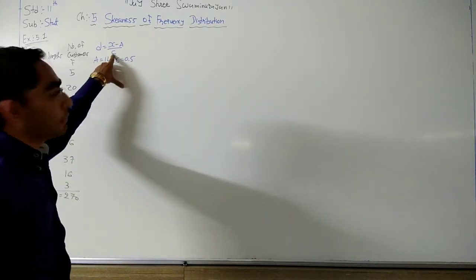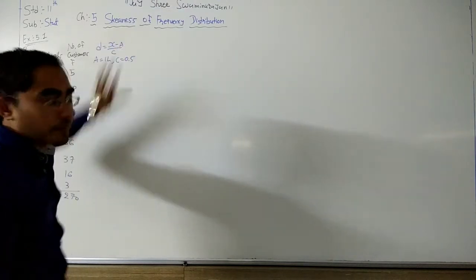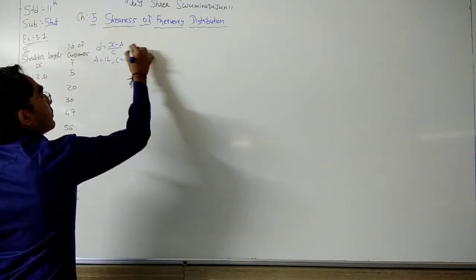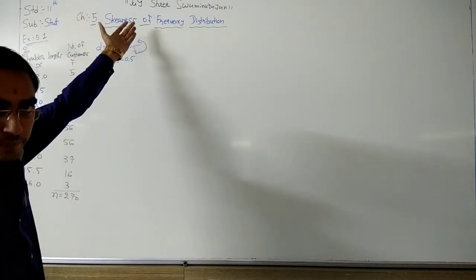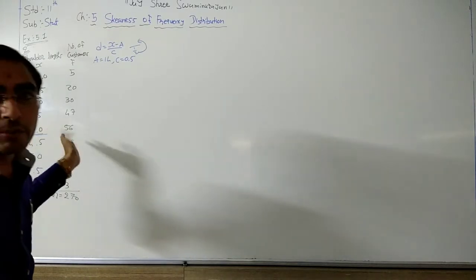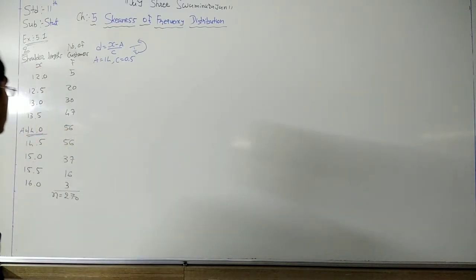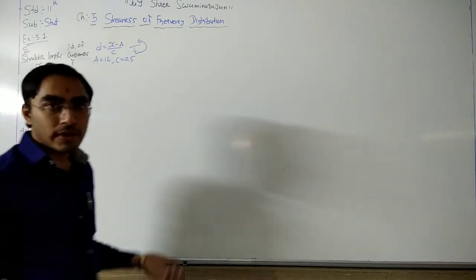Why 0.5? Because 0.5 means 1 by 2. Now if you put here 1 by 2, then the denominator goes to the numerator, so this 2 needs to multiply with the numerator. Here all the numbers have the decimal point as 0.5, like 13.5, 12.5, and if you multiply with 2, then it becomes an integer number.